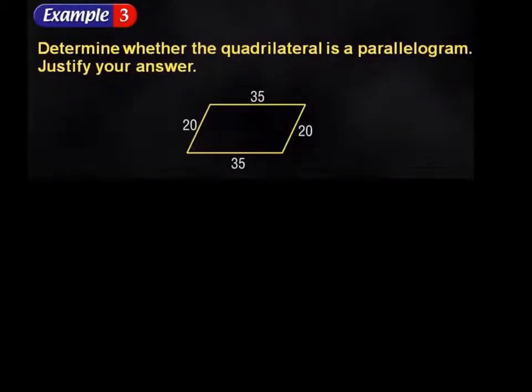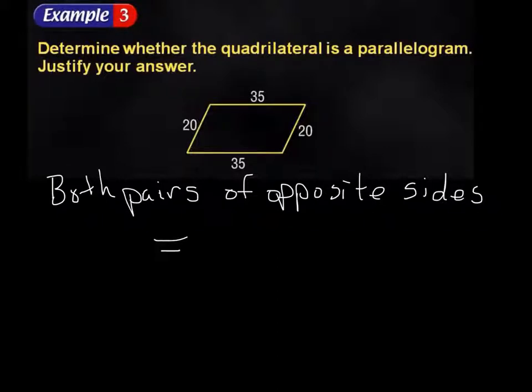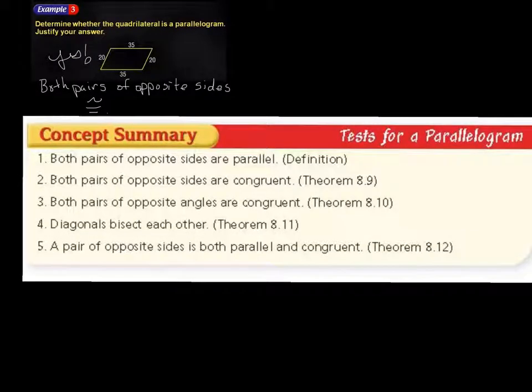Determine whether the quadrilateral is a parallelogram. Justify your answer. Well, it looks like from Theorem 8-9, we have both pairs of opposite sides are congruent, so that is a definite yes. Here they restate the definition and those 4 theorems that we already went through.